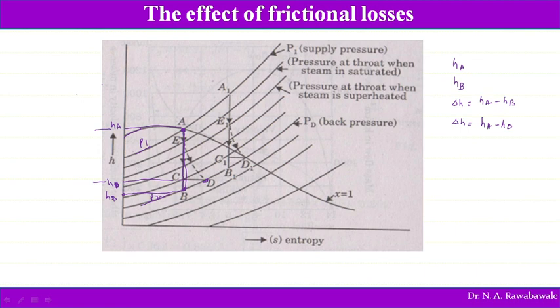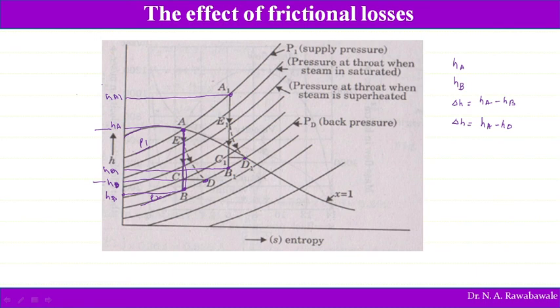Again, if we are using superheated steam, the enthalpy of steam will be HA1, and theoretically it has to reduce its enthalpy up to B1, that means HB1. But practically what happens, because of friction, the enthalpy or steam quality improves. Instead of B1, it stops at D1, it deviates.